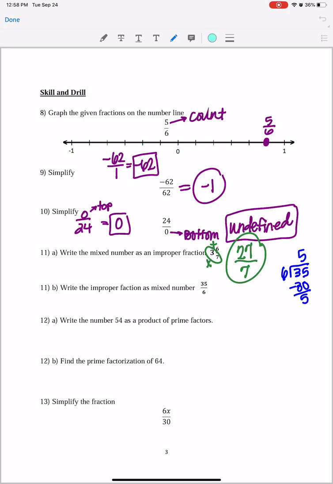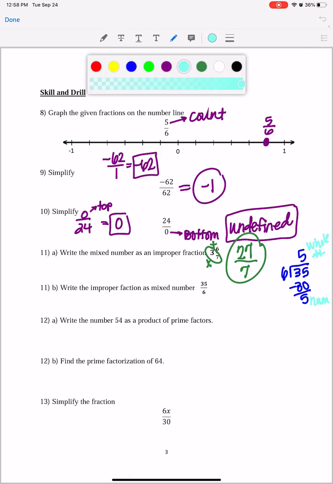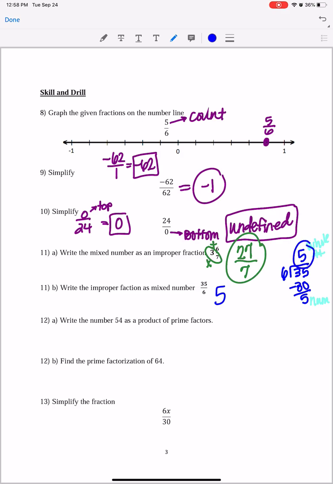This is your whole number. And then this down here, your remainder, is your numerator. So then my answer is 5 from this 5 up here, and then 5 over.